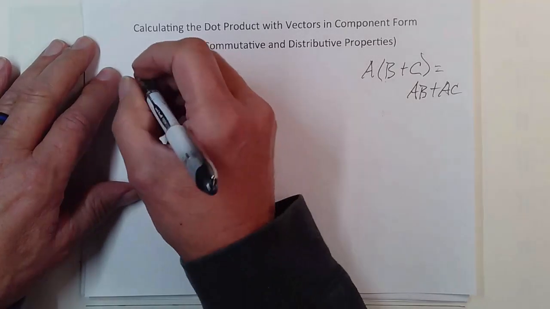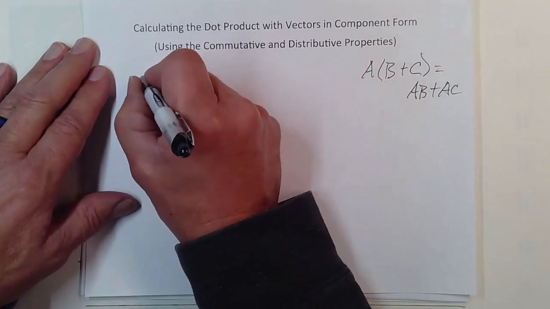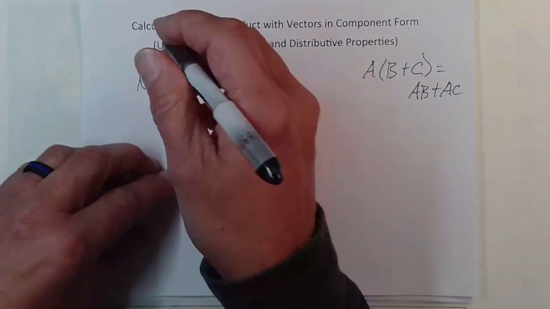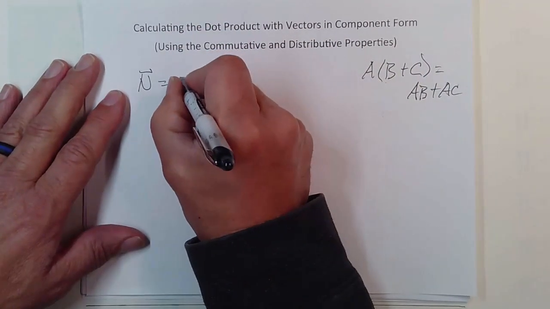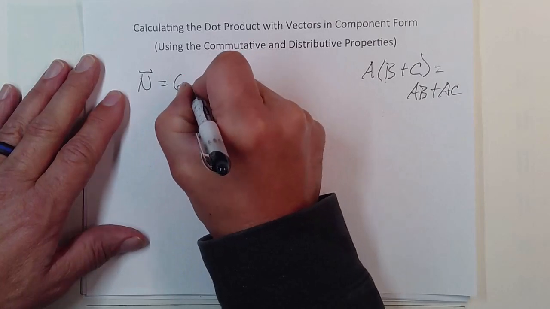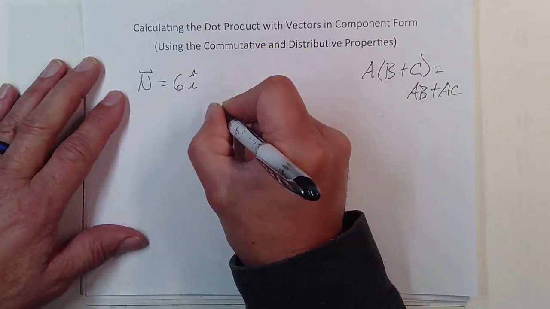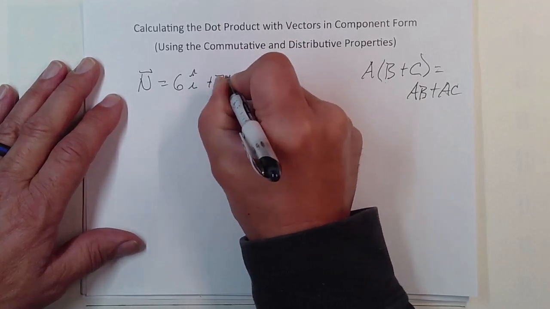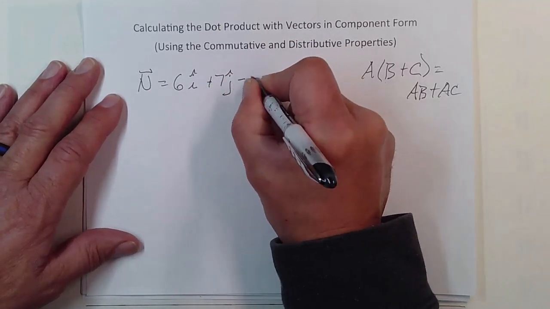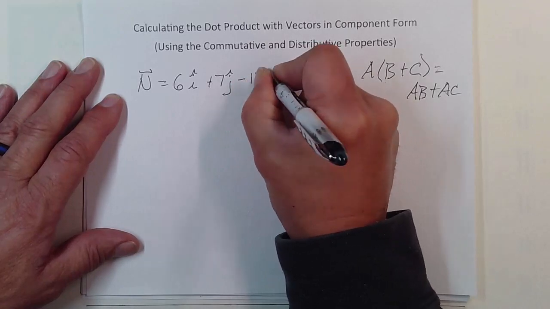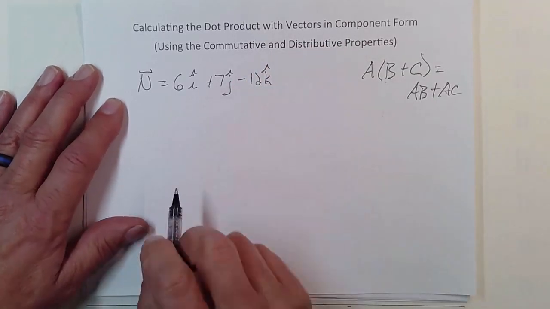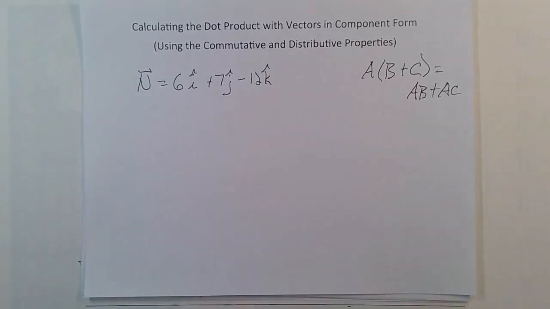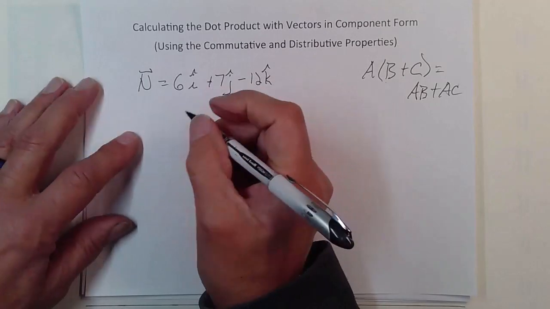Let's suppose that we have a vector n that is equal to, I'm just going to use integers on this one so the math can be done in our heads, 6i hat plus 7j hat minus 12k hat. So we've got a minus sign tossed into the mix, and you could try to imagine a little three-dimensional coordinate system.